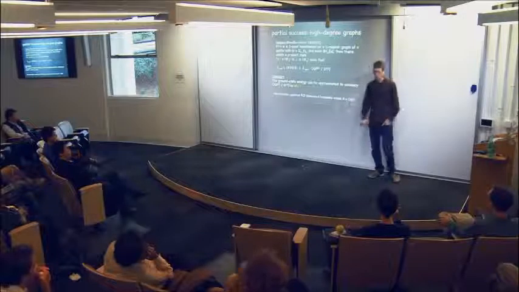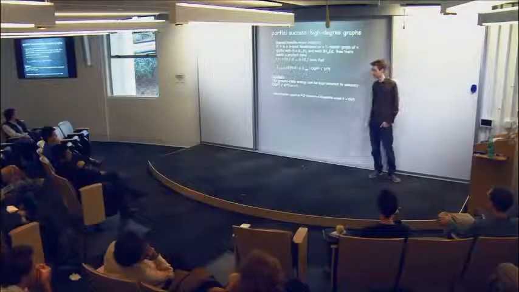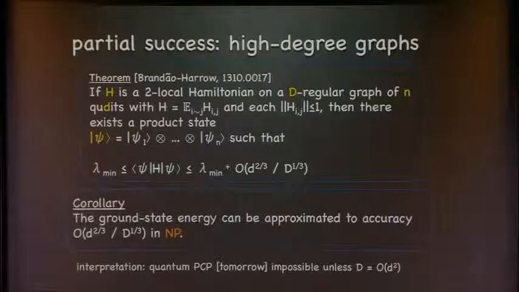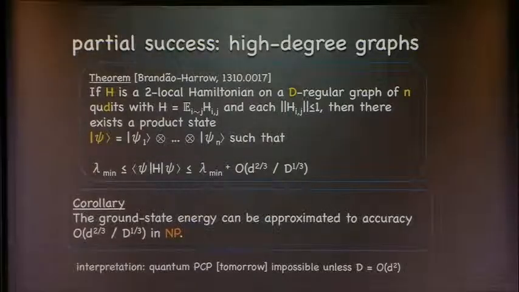And so you'll hear tomorrow about the quantum PCP theorem, and this says if you're going to prove a quantum PCP theorem, you had better not take the degree to be too large. You can think of this as backing the quantum PCP theorem into a corner. We already know that it has to be on an expander. Now you also know that the degree cannot be too big.